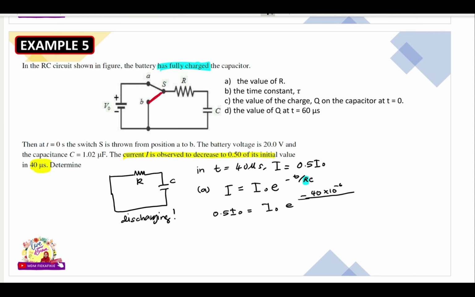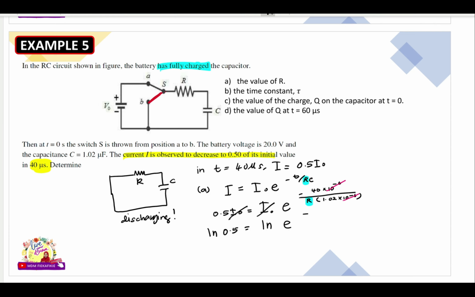So R kita nak cari, sekejap ni saya besarkan sikit. Negative 40 microsecond bahagikan dengan R kita nak cari. C tadi berapa? 1.02 micro. Micro ni boleh cancel. So this one also we can cancel I0 and we can take ln for both sides.